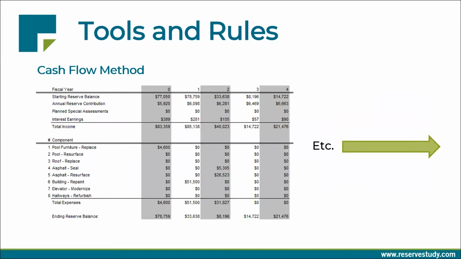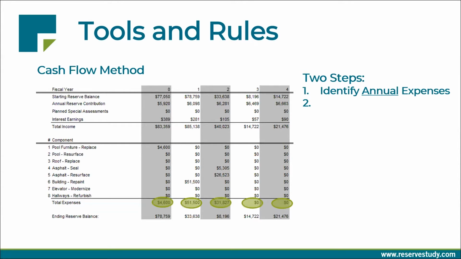The cash flow method is a little bit different. Again, it's the same components, exactly the same components, but you look at it in a different way. The first step is to lay them out over time. What are the expenses going to be? And you look at the annual totals. So you're looking at reserve expenses, not roofing or painting or pool or anything like that.